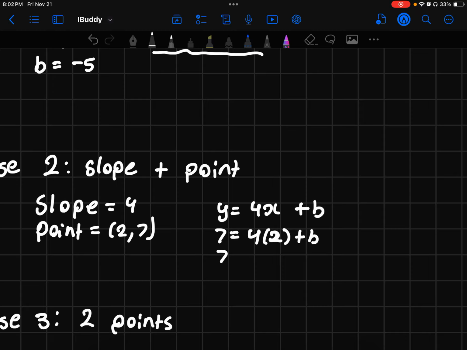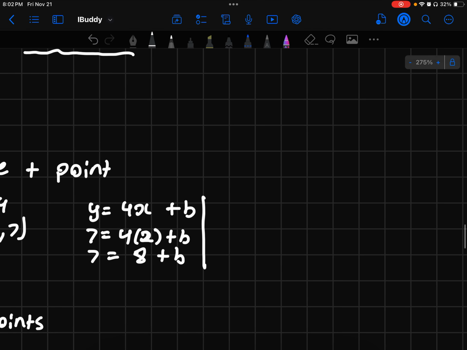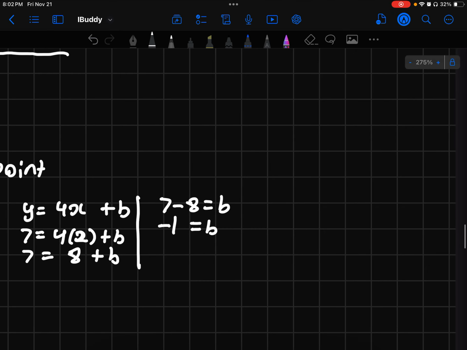Then you just solve it. 7 is equal to 8 plus b. 7 minus 8 is equal to b. -1 is equal to b. And therefore, the equation of the line would be y is equal to 4x minus 1, just like that.